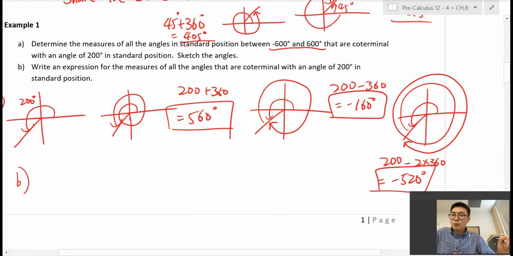Part B says, write an expression for the measures of all the angles that are coterminal with an angle of 200 degrees in standard position. Notice what we did was we added 360 or we subtracted 360. So we can actually come up with an expression.